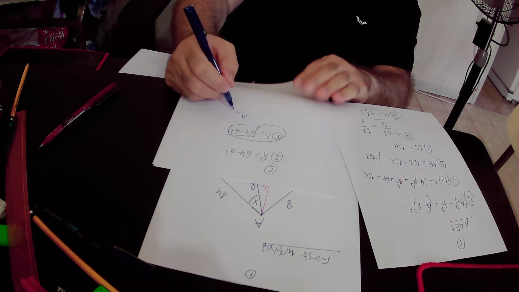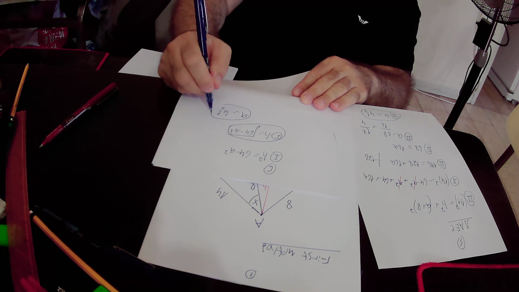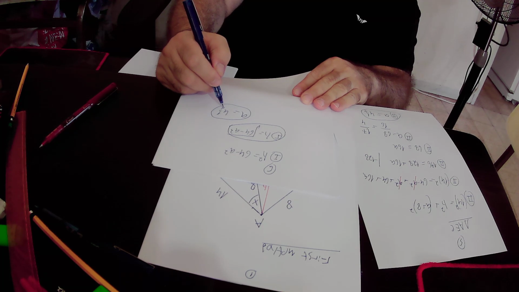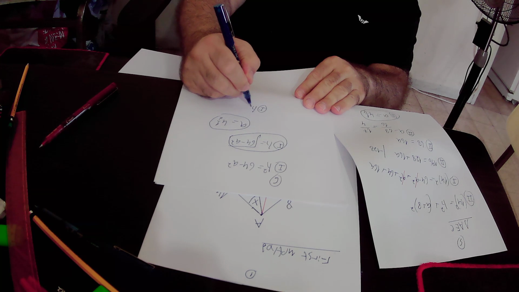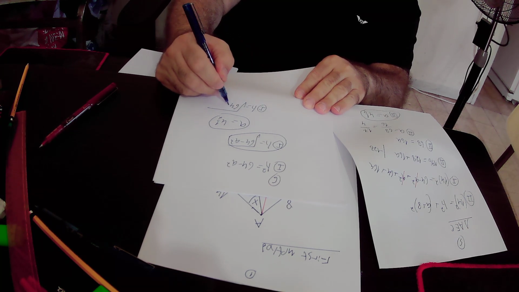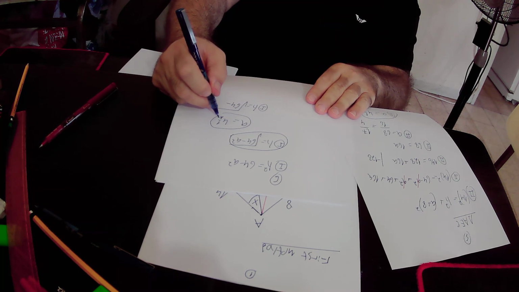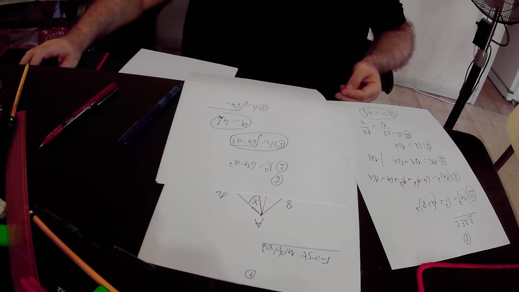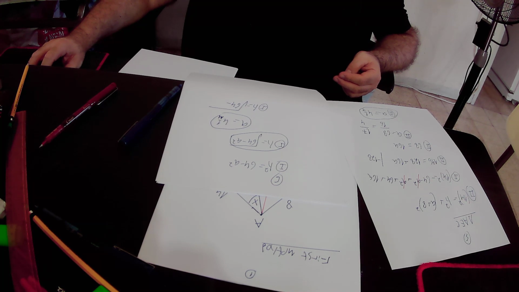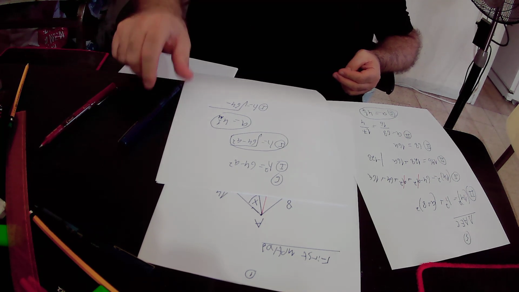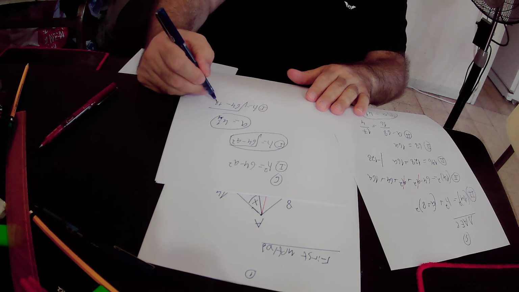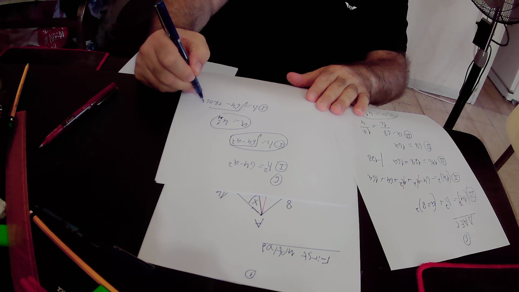But we've already found out that a equals 4¼, so we can substitute a squared by 4¼ squared, so h will be equal to the root of 64 minus 4¼ squared. If we square 4¼ we will get 18.0625.